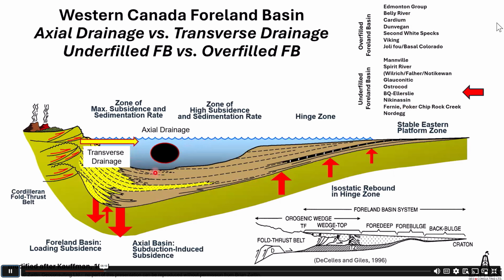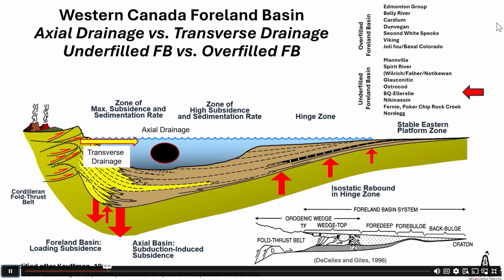We have certain units that fill within axial drainage and certain units that fill because of transverse drainage coming in. On the grossest scale, we're dealing from fluvial to fluvial estuarine to nearshore deposits and then offshore deposits.